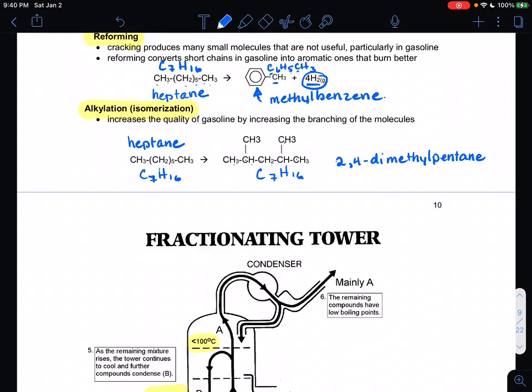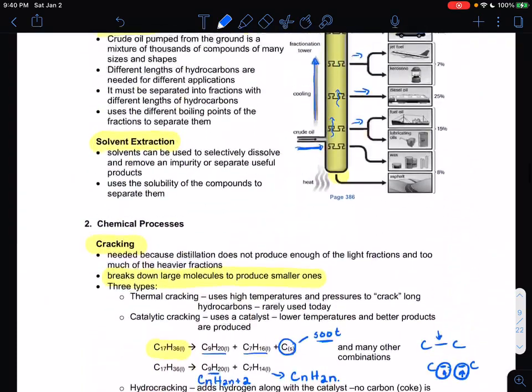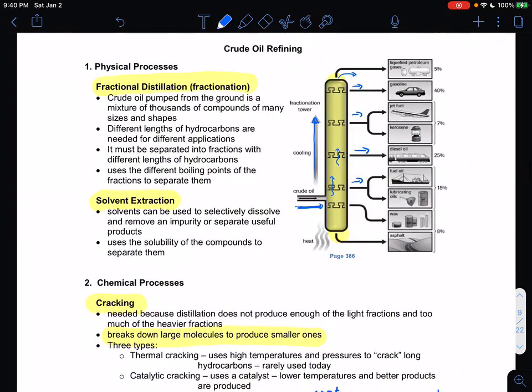All right, so for today then, that's the lesson for today. What you need to know about crude oil refining is that there are some processes that just use physical properties of hydrocarbons. The first one uses boiling point, and it sends vaporized hydrocarbons up what's called a fractionation tower, where as you go up, it's cooler and you condense out, so turn back into a liquid, different fractions of hydrocarbons.